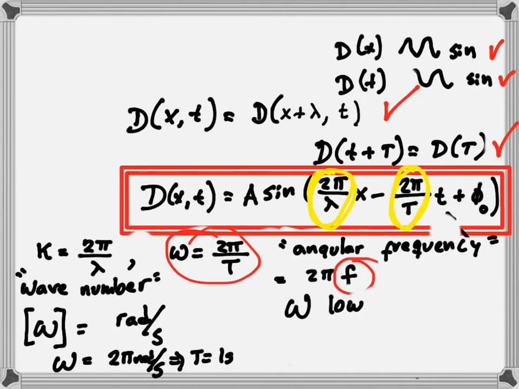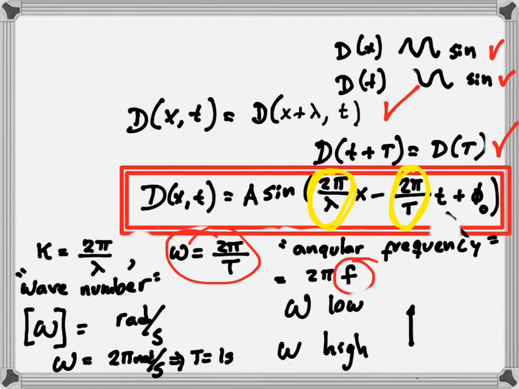So for a wave that has a low angular frequency, what that means is that in 1 second the wave doesn't oscillate very much. It just does maybe a fraction of a whole oscillation if the angular frequency is very small. If we have an angular frequency that is very high, what that means is that the wave does many oscillations.